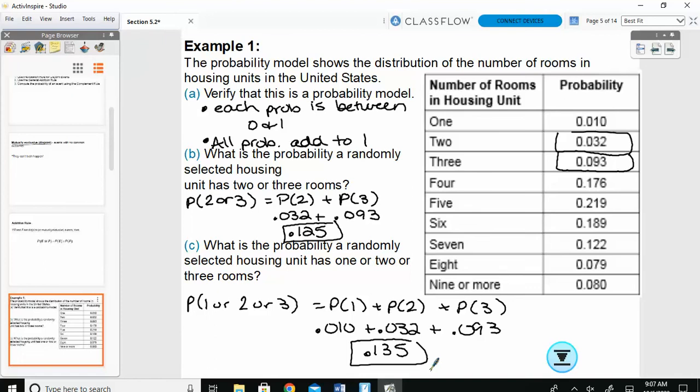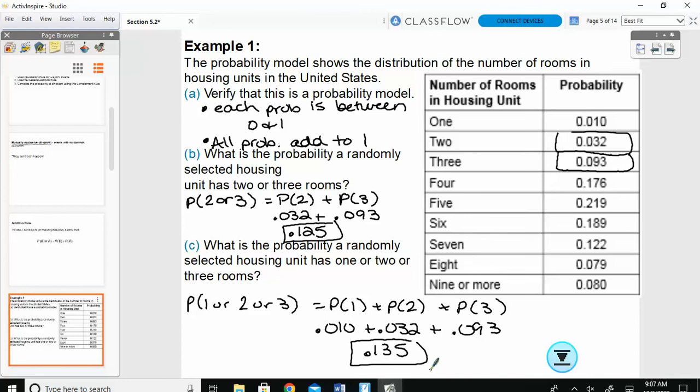So in that case, if there's overlap, think of it like here's the probability of being a male, here's the probability of being a senior. So when I add those two individual probabilities, I have double counted that middle group. So what do I need to do with those people? Subtract them off, because I counted them twice.